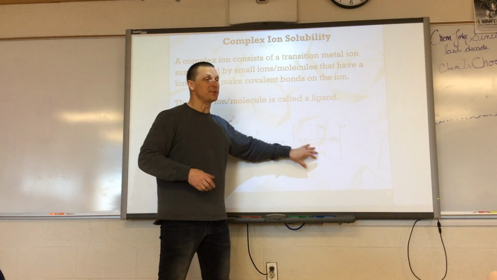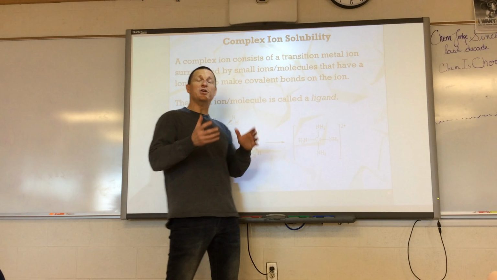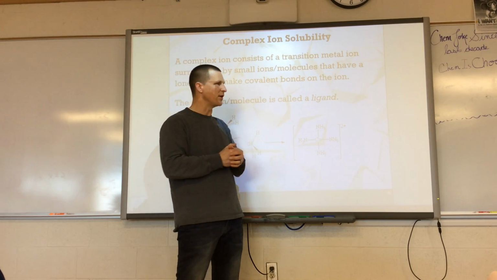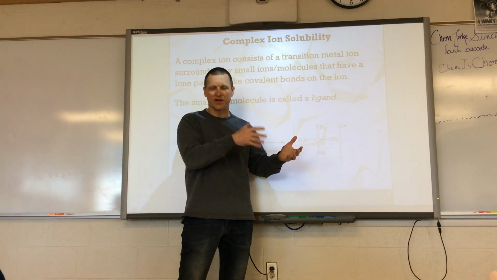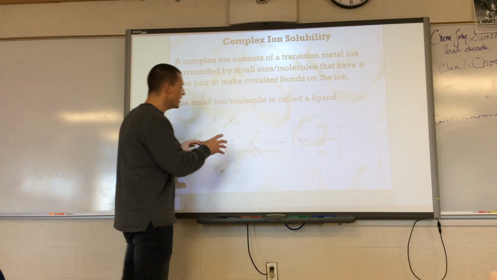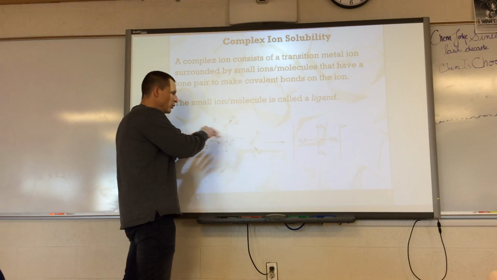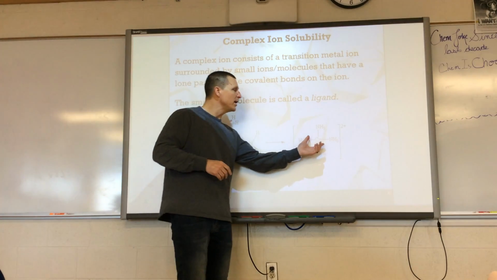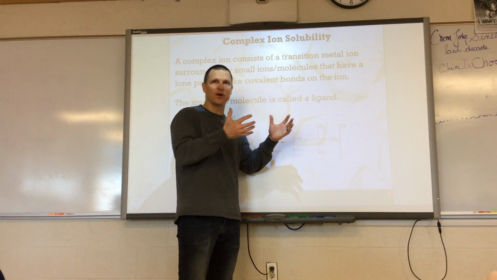Now, this thing turns out to be very soluble. So when you have copper hydroxide that is very stubborn about dissolving, you can either add acid to it to get it to dissolve with the hydroxide, or you can flood the solution with ammonia molecules, and the ammonia winds up attaching to the copper, and this is very, very soluble.